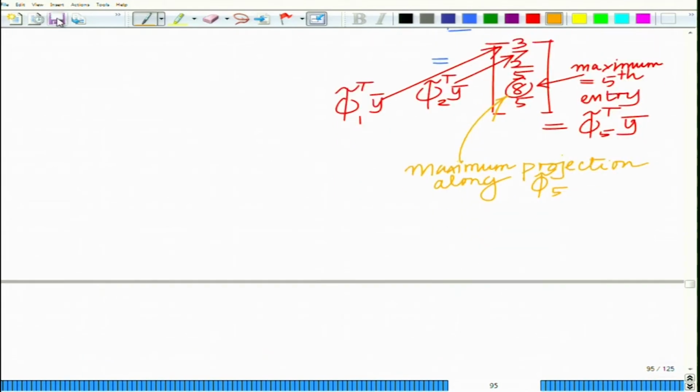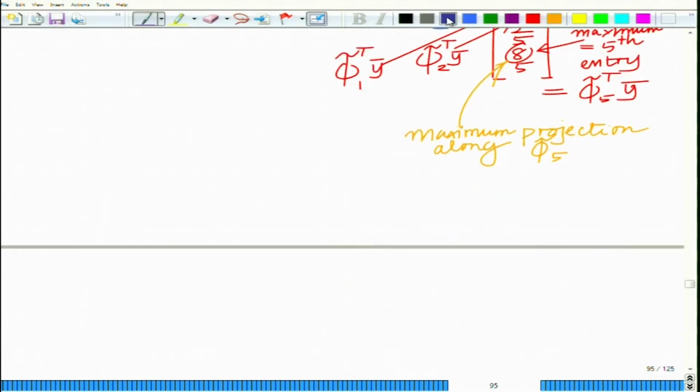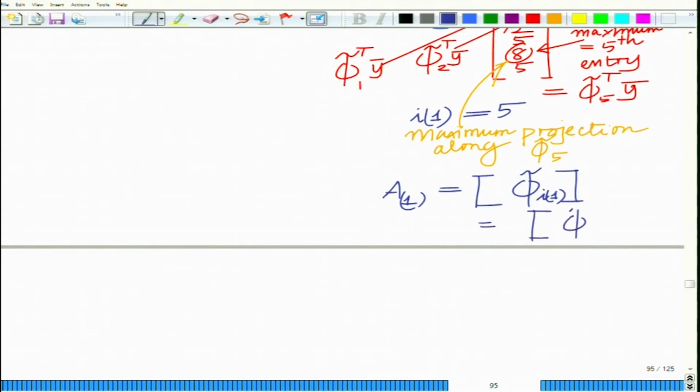And therefore, now we form the basis matrix using this column. In other words, I1 is the index of the column which has the maximum projection. So, this is phi tilde of I1, that is your basis matrix.